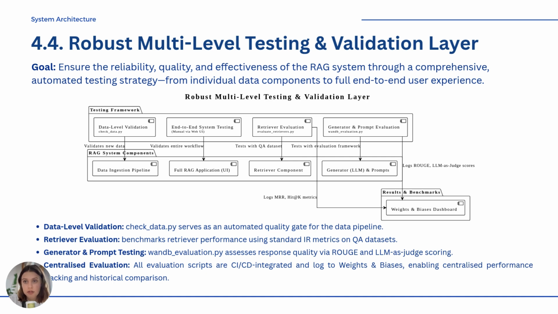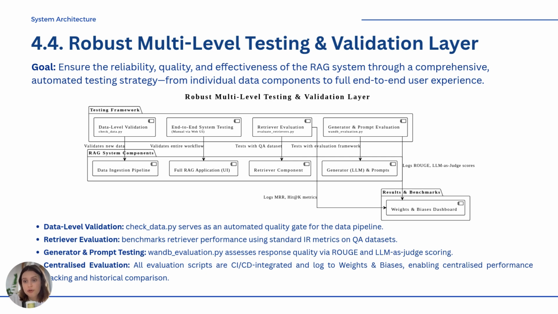And we also have a robust multi-level testing and validation layer. We have data-level validation, where a script, check data pipeline, automatically detects formatting issues, missing fields, and schema mismatches before data reaches production. We have end-to-end testing, which is a manual UI test that validates full workflows, ensuring interfaces and interactions function correctly.